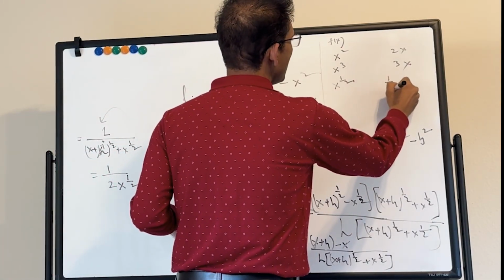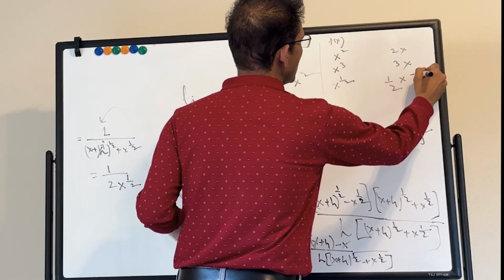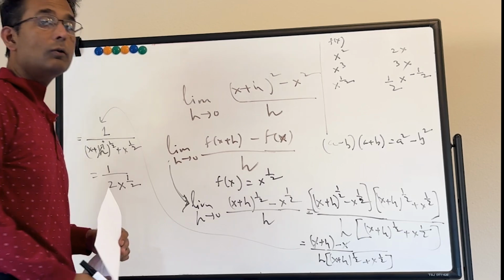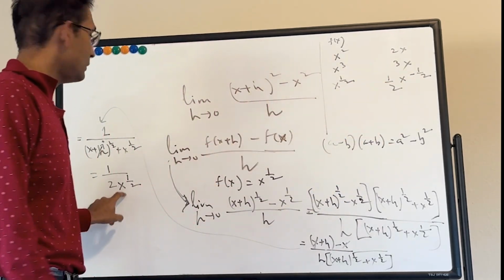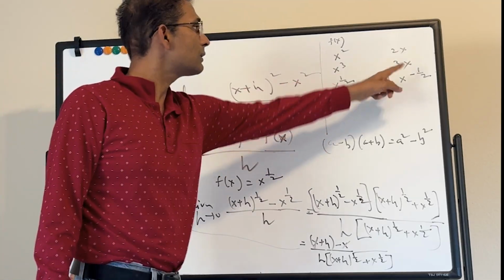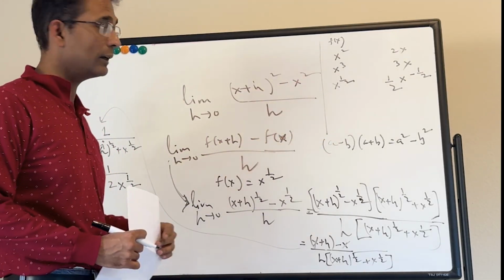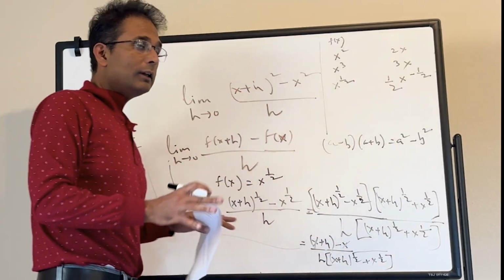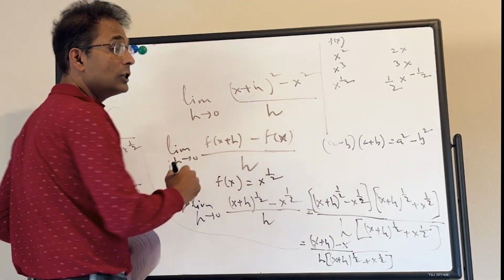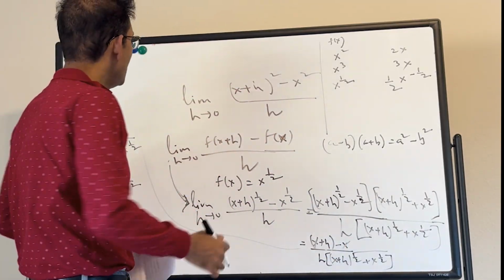Which is half x to the minus half. You can write it this way, and it should be clear shortly why I'm writing it this way. It's the same as what you have here, showing the relationship between negative and positive index. So first of all, this expression is called the derivative of f at x.